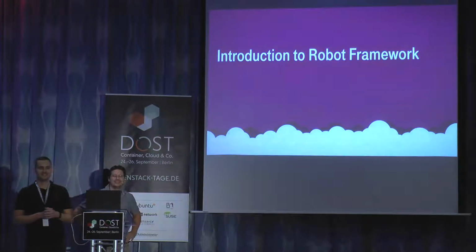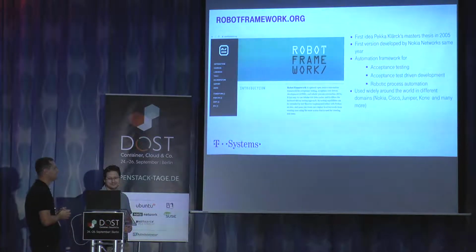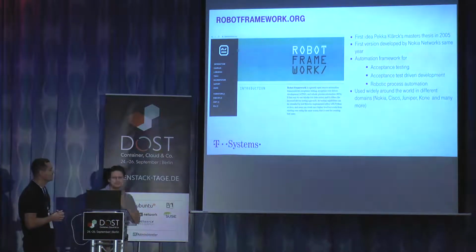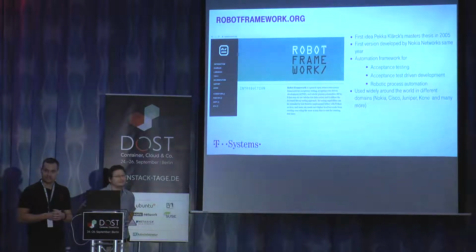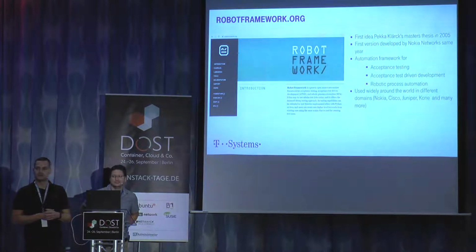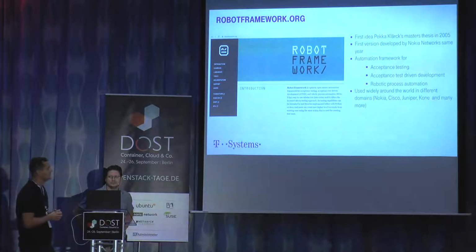Okay, not that many. So, in the beginning, let's start with a few quick facts about Robot Framework. It's a generic automation framework mainly used for acceptance testing and acceptance test-driven development.